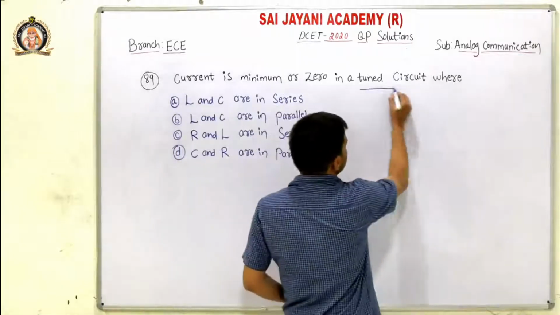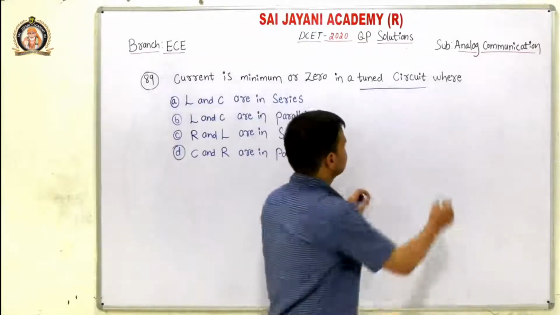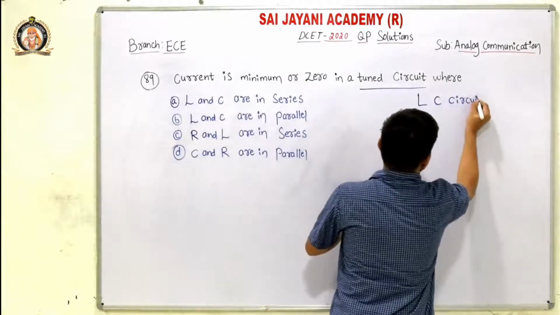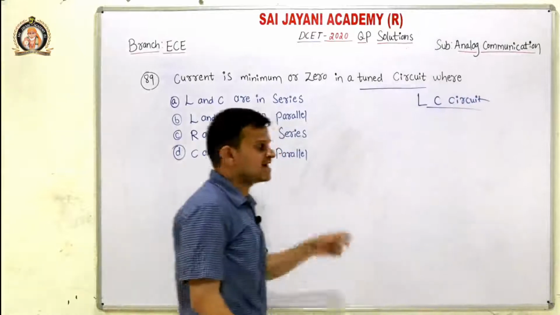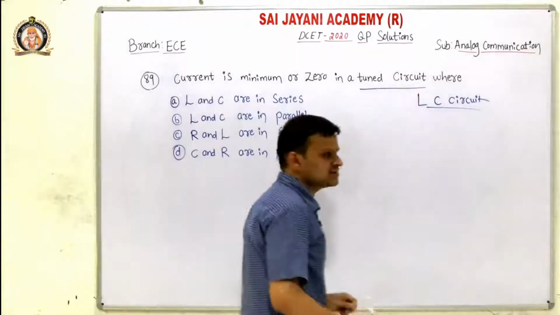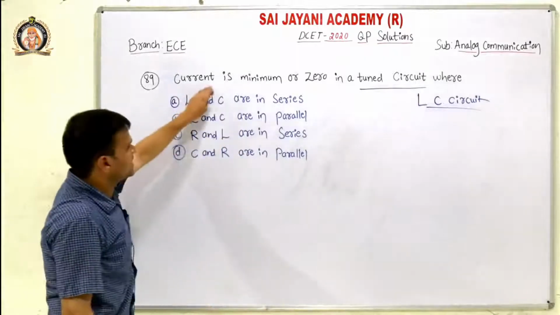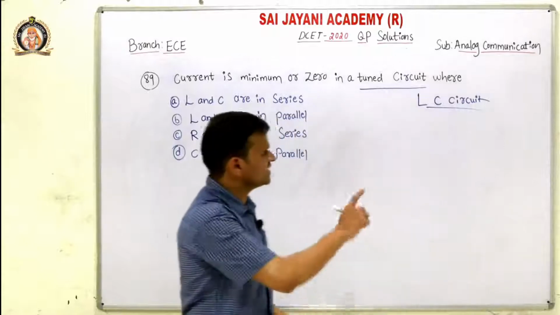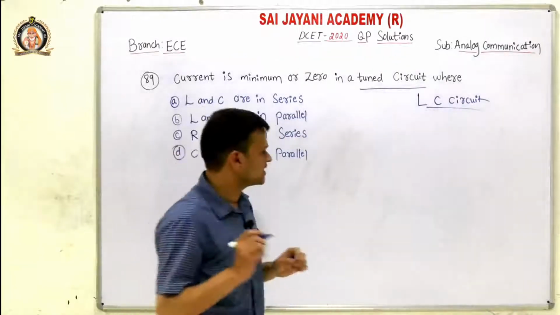We know that a tuned circuit is also called as LC circuit. In LC circuit, it has only 2 elements, that is the inductor L and the capacitor C. And the current is minimum or 0 in LC circuit only when the L and C are connected in parallel.